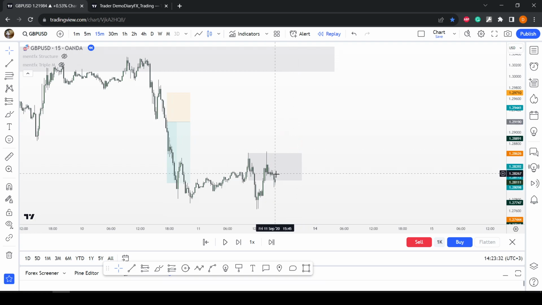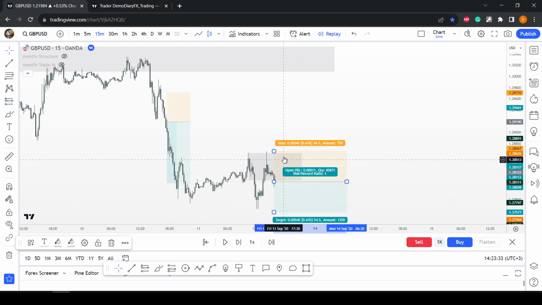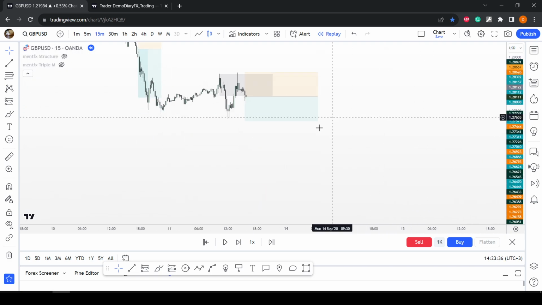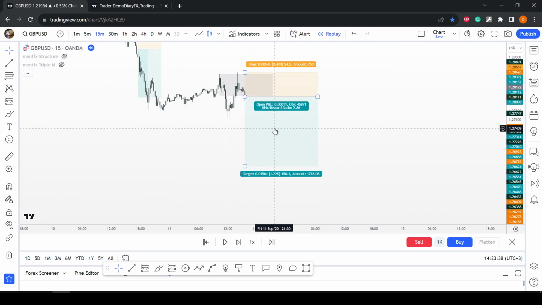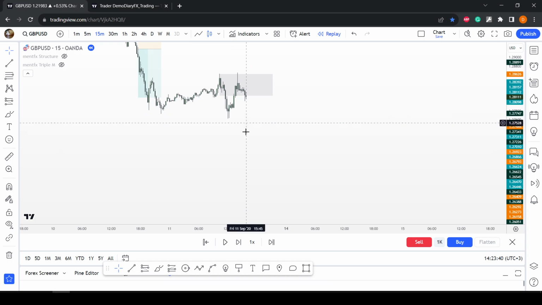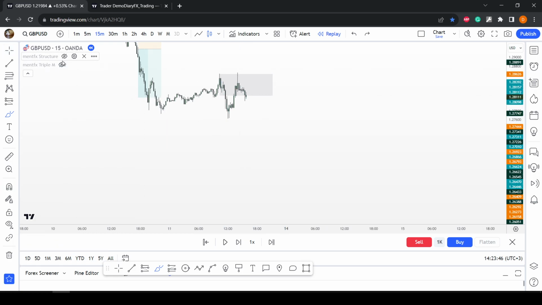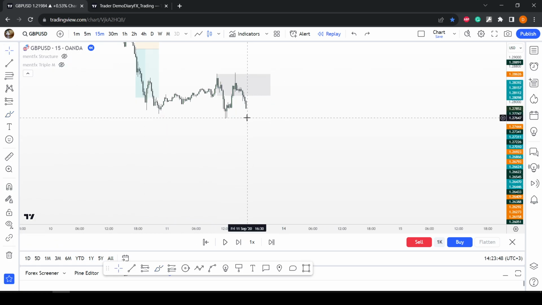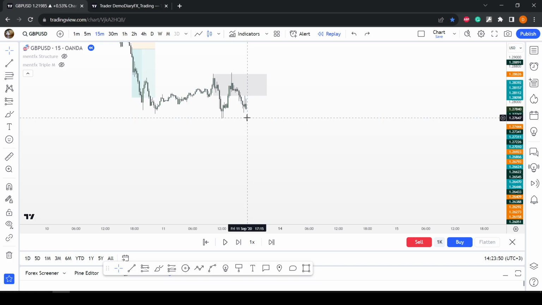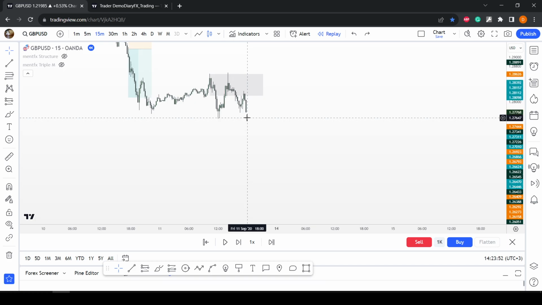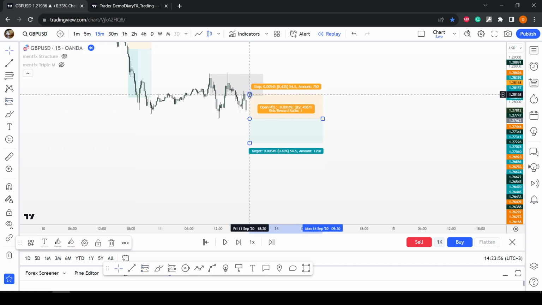And you see, this is already a provided entry if you are entering from the zone. However, if you are waiting for this impulse, correction, impulse, then it's a different story, because if it will do it, then fine. If it will not do it, then you are saved. Basically 1 or 2 entries saved.